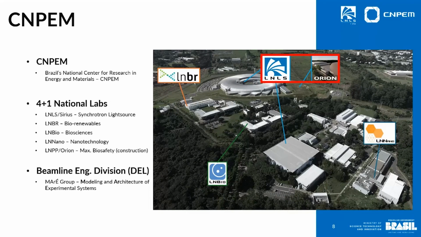All 3 of us that are presenting now are part of the beamline engineering division called DEL, from this group called Maré. And the group, among many tasks, has the task of delivering complex experimental systems to Sirius and Orion with a high degree of assertiveness. And the idea is to tackle this complexity by implementing formal systems engineering with other groups of the lab.